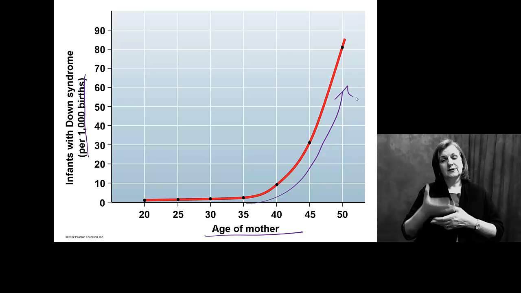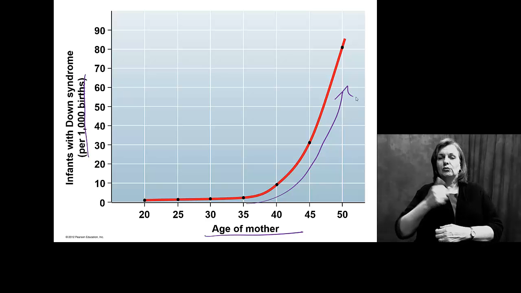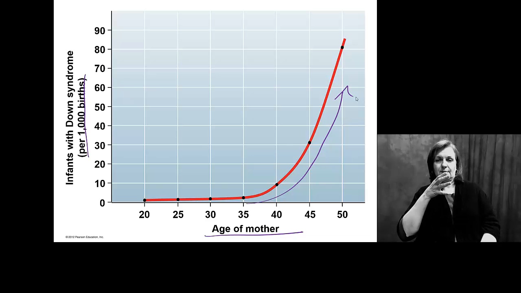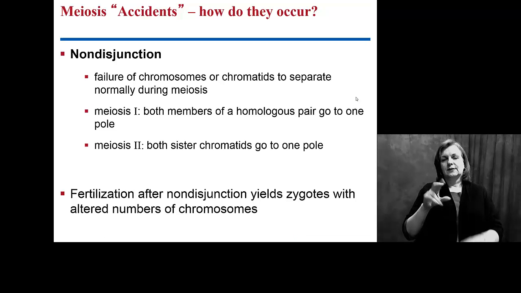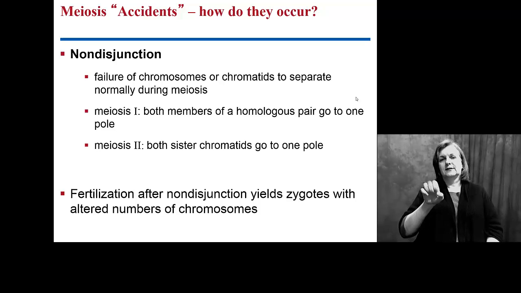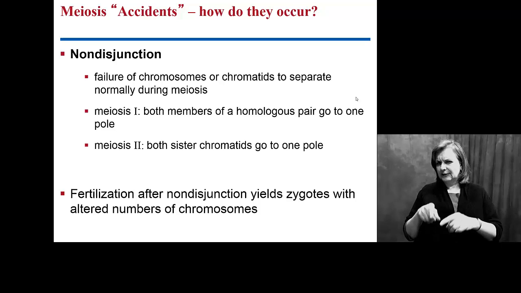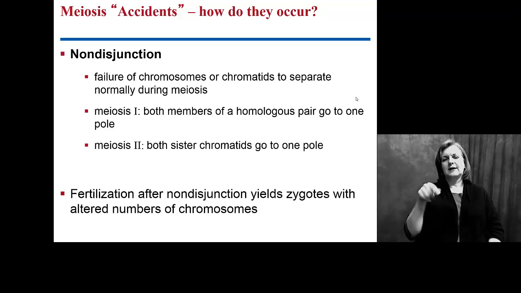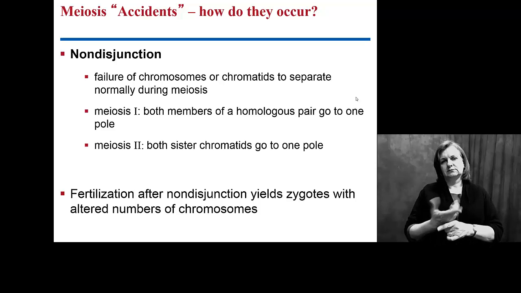And we think a lot of this has to do with complications associated with older eggs for mom and a process known as non-disjunction. So this is where during anaphase, the chromosomes fail to separate properly.